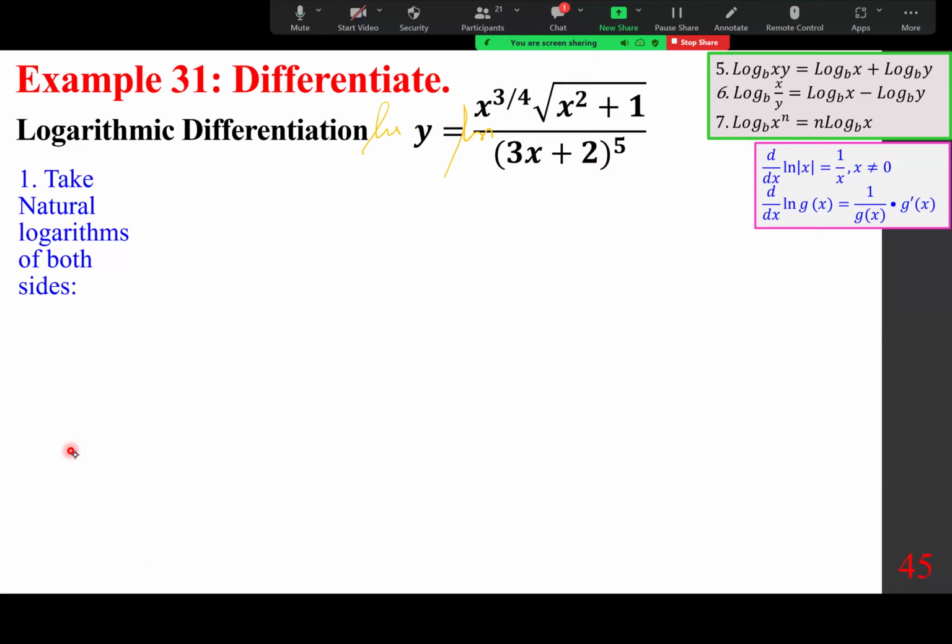I'm going to do it in one shot. I hope everybody can follow that. First of all, it's ln of the top minus ln of the bottom. Ln of the top is ln of this plus ln of this, which is the power of 1/2, by the way, minus ln of that. So again, you can do it in 1 or 2 shots. So ln of the top minus ln of the bottom.